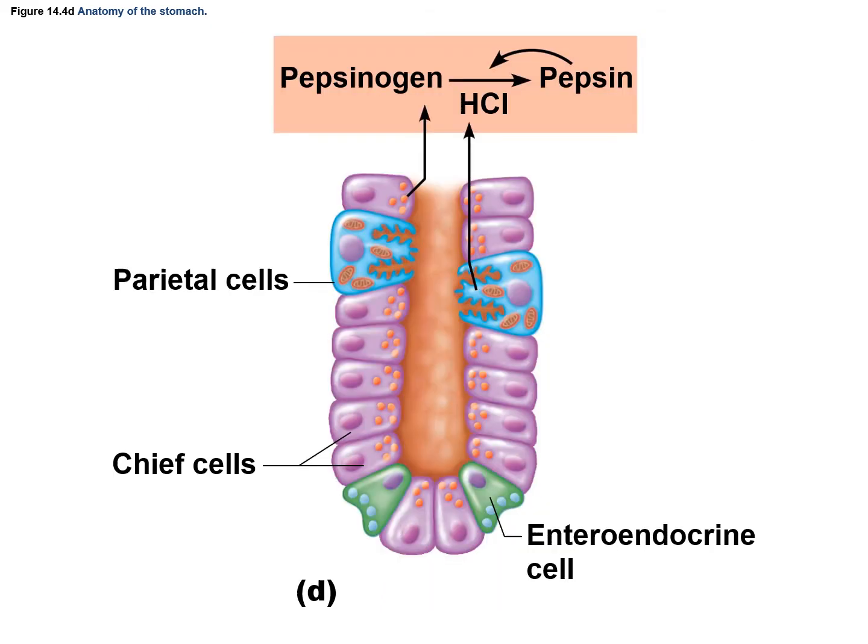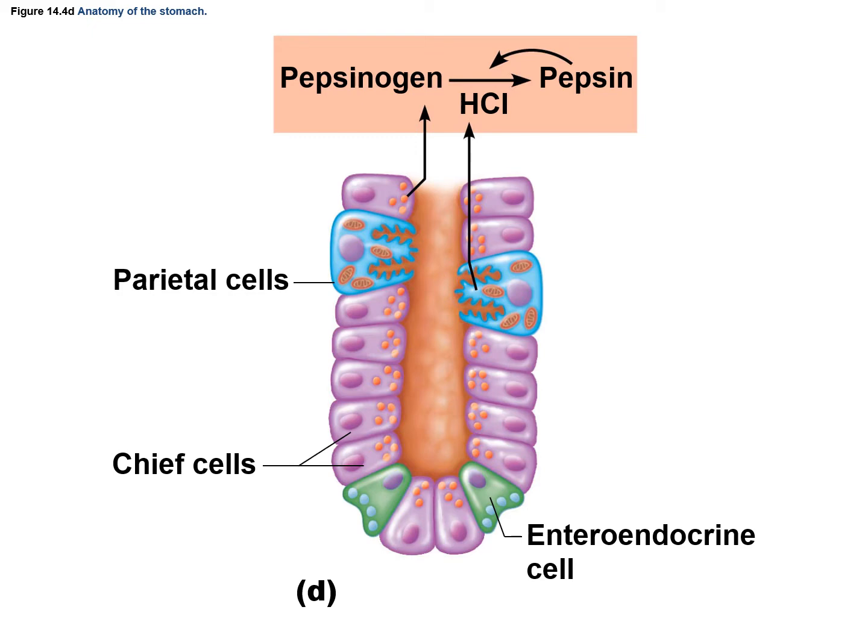And in fact, we can zoom in a little bit further, and if we just zoom in on that pit, you can see that the cells that line the pit are individual cells that put out different things, right? This particular cell, called a chief cell, puts out pepsinogen, and this parietal cell puts out hydrochloric acid, right? And all of these are going to help break down and digest proteins.